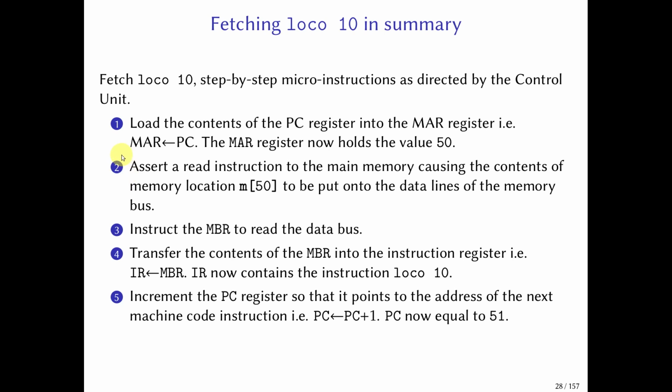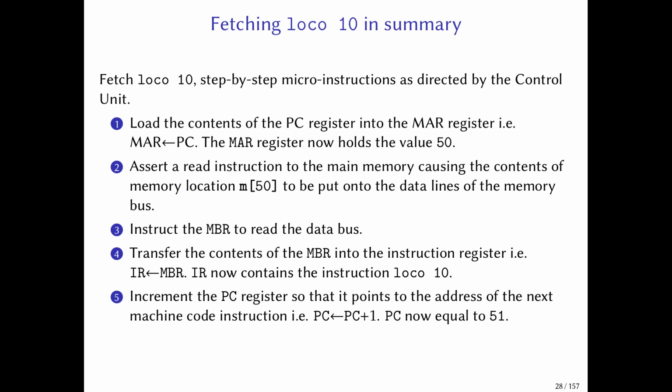Step 1 is we load the contents of the PC register into the memory address register, so the MAR will now hold the address that is to be fetched. The control unit then asserts a read, and that causes the main memory to take the contents of memory cell 50 and put it on the data lines of the memory bus.